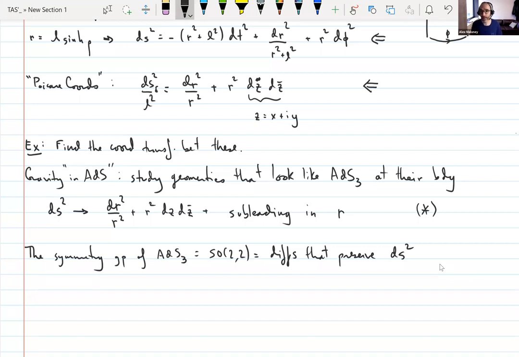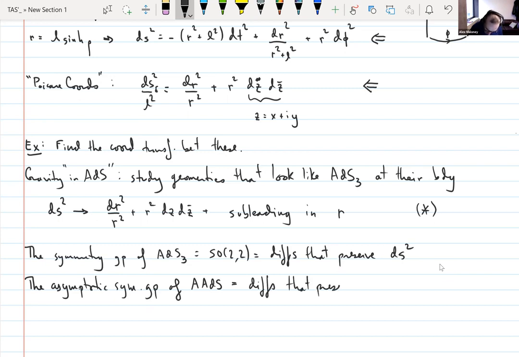But, and this is the point that Brown and Henneaux articulated very clearly, there is a separate notion of a symmetry group that we could consider, which is the asymptotic symmetry group of asymptotically anti-de Sitter spacetimes, which is the set of diffeomorphisms that preserve this asymptotic structure.